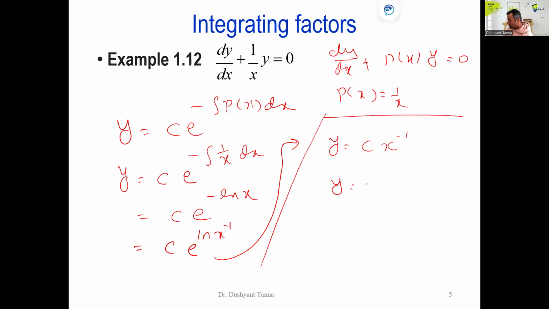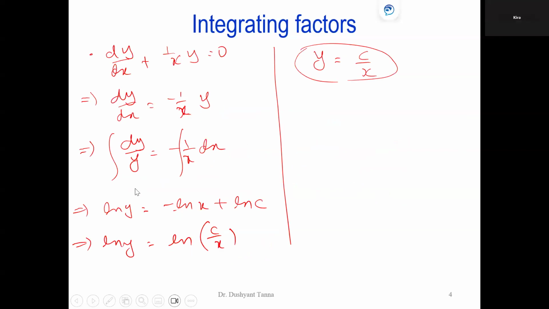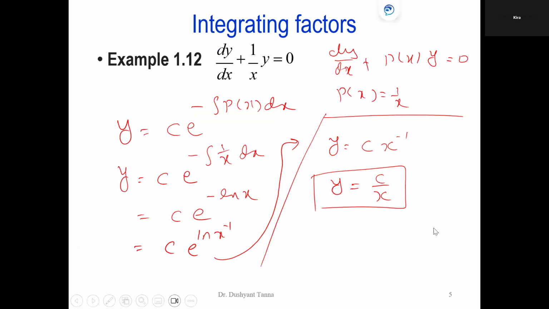So y is equal to c x minus 1, or c on x. As it turns out, in this example, maybe doing it the variable separable way is easier. But like I said, by all means, you can adopt one or the other method.